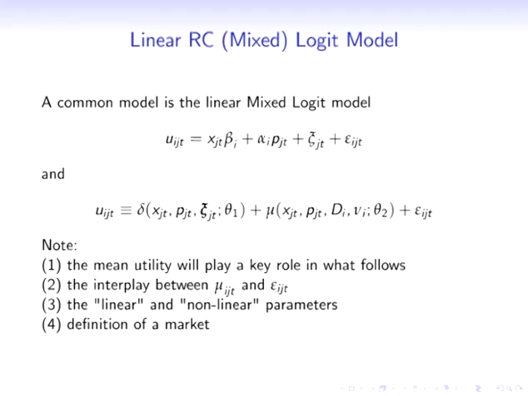We can continue to assume that this is IID, and create the correlation through this term here. And what this means is that products that have similar X's, similar characteristics, will be correlated, and consumers that have similar demographics are going to have similar tastes. That's how we can create the correlation.